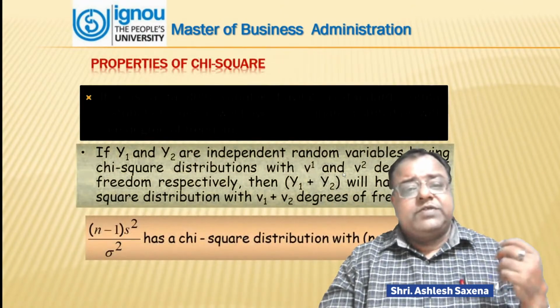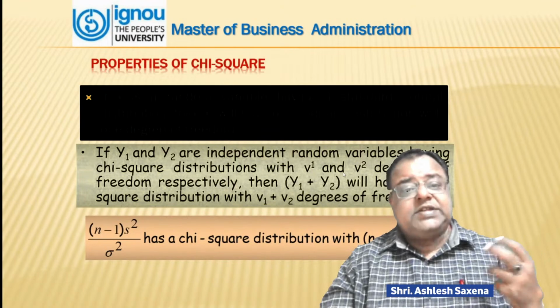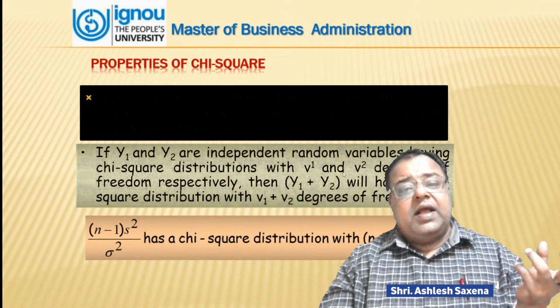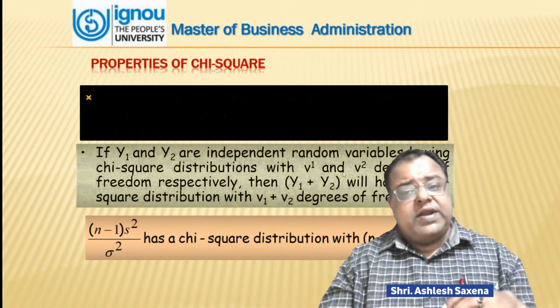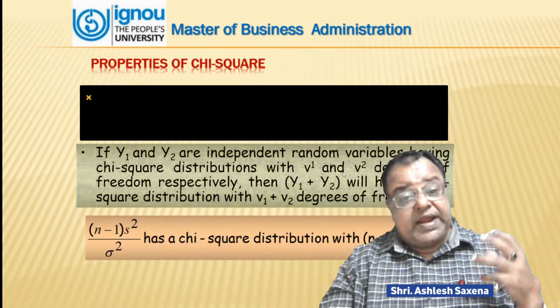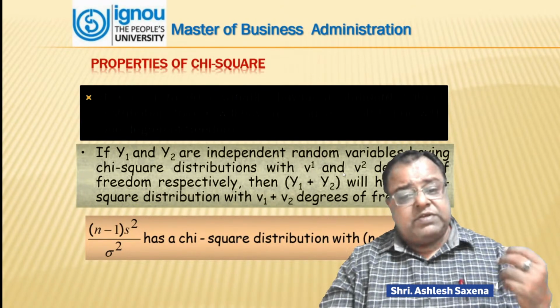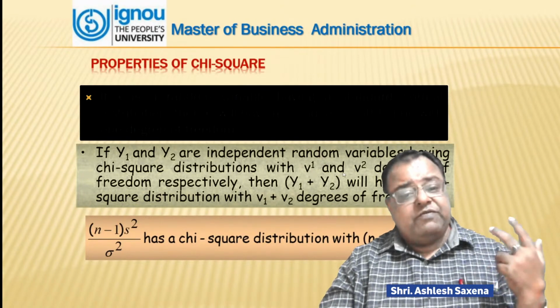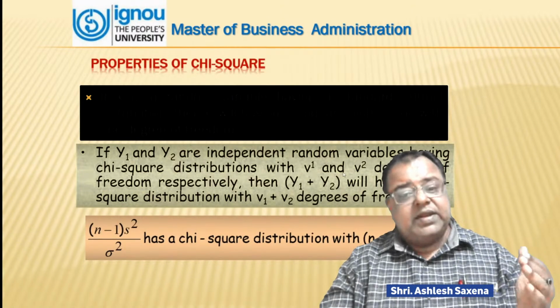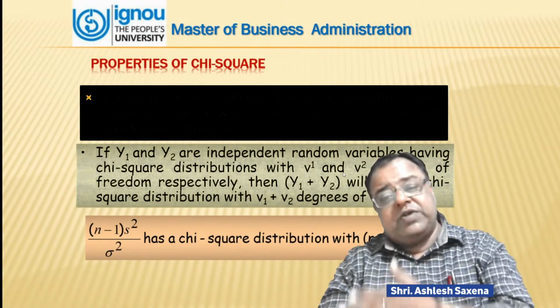What are the properties of chi square? If x is a random variable having a standard normal distribution, then x square will have a chi square distribution with 1 degree of freedom. If y1 and y2 are independent random variables having chi square distribution with v1 and v2 degrees of freedom respectively, then y1 plus y2 will have a chi square distribution with v1 plus v2 degrees of freedom.